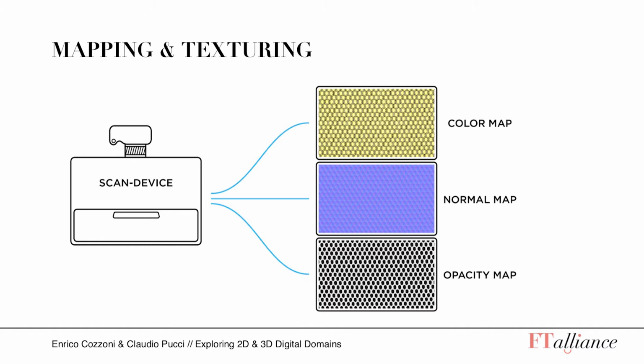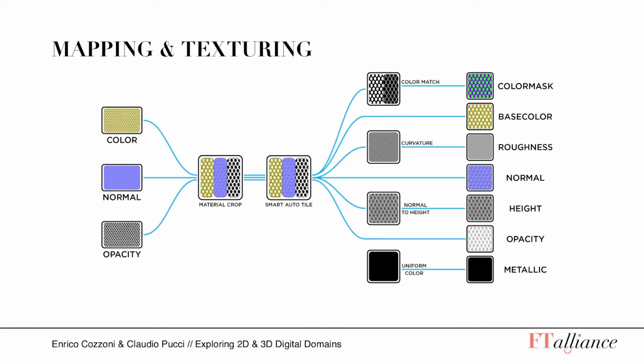This set of basic maps of the material can be successively modified and mixed to generate a much larger set of maps that can be used also for generating new materials or for changing the properties of the material from which we start.